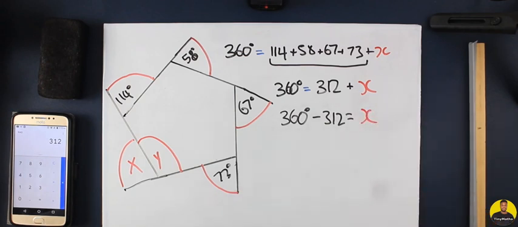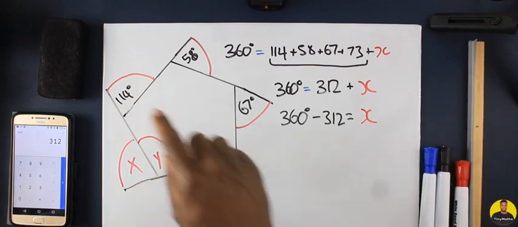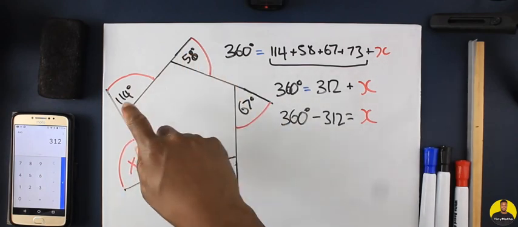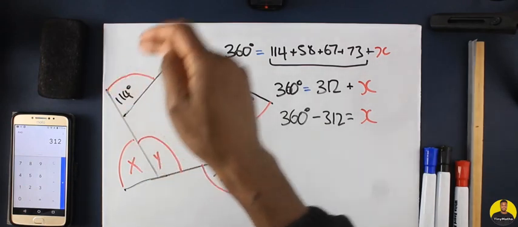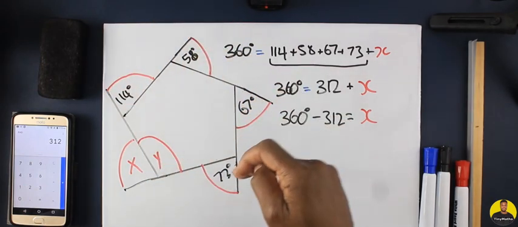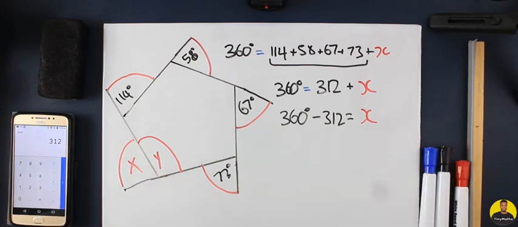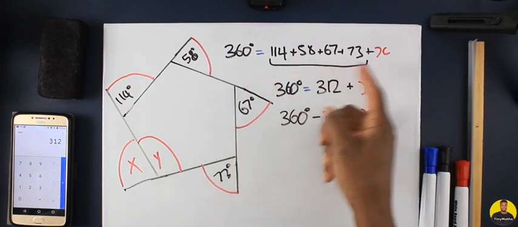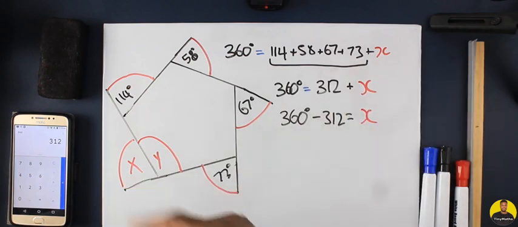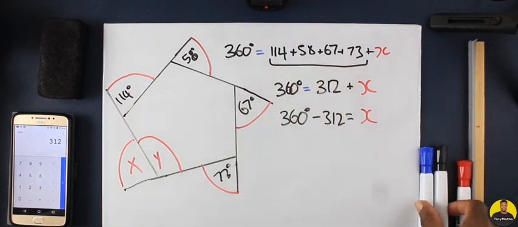Just before we calculate that, let's think about what we've done again. We know that all of the external angles of any polygon add up to 360 degrees. So 114 plus 58 plus 67 plus 73 plus x must equal 360 degrees, which is what we've written here. 360 degrees equals all these angles that we have plus x, which we don't have. These are the external angles. The sum of these adds up to 312 degrees.